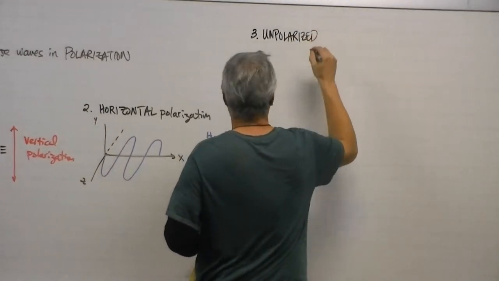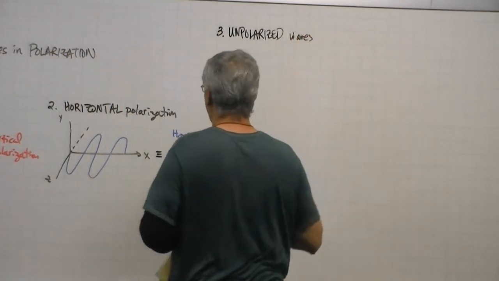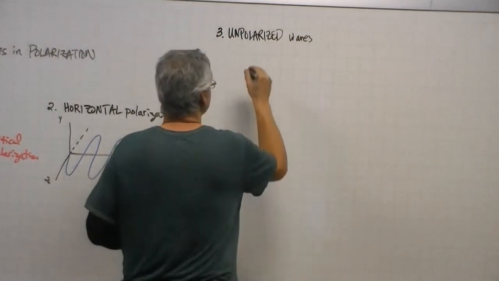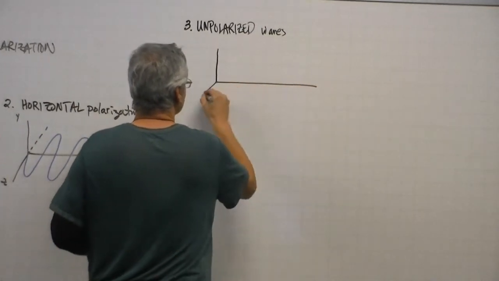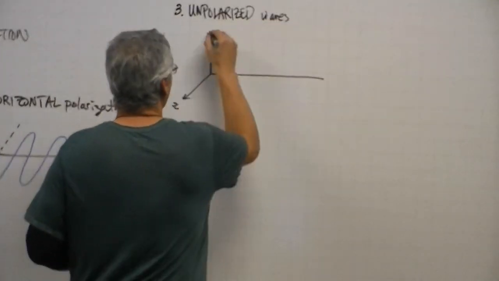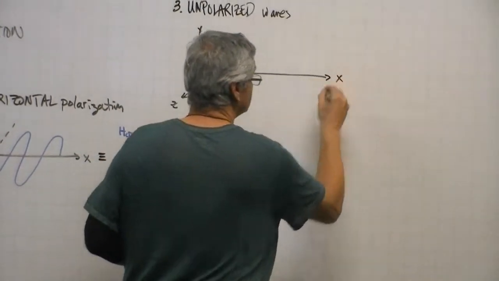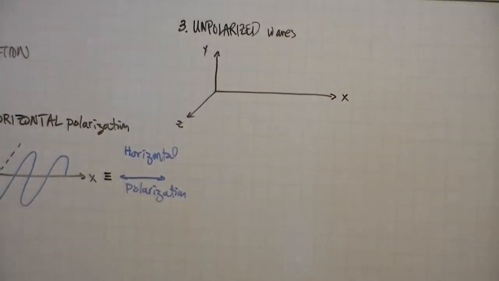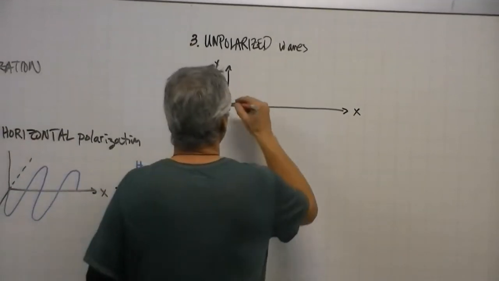or unpolarized waves, what we're seeing here is that in this scenario, now this one's tricky to draw, so you'll have to bear with me. What I want to draw here is that I want to use two colors. So I want to look at the red wave, which is vertical. So if I draw that, here's my red wave.